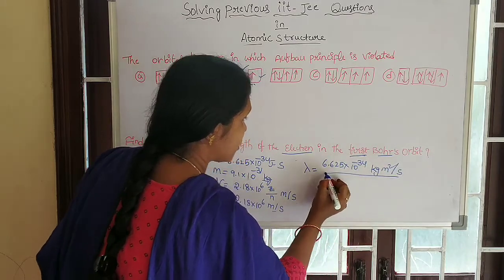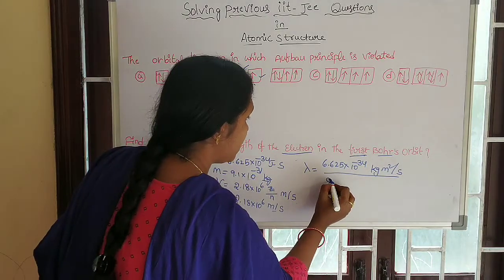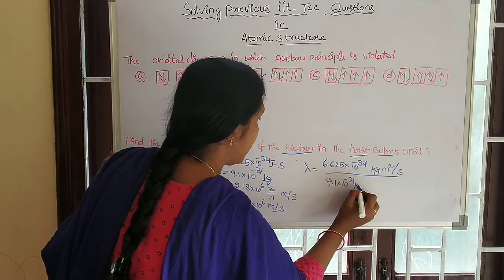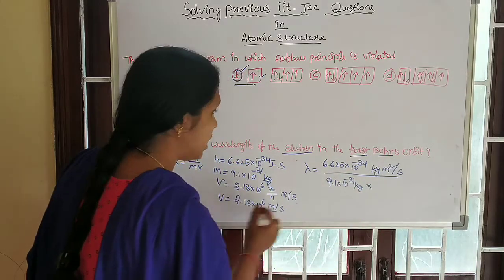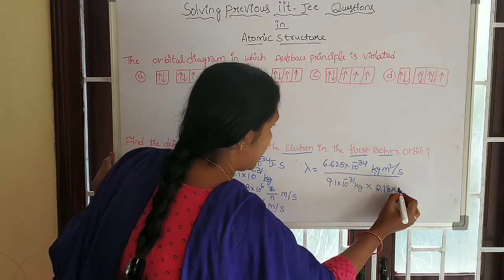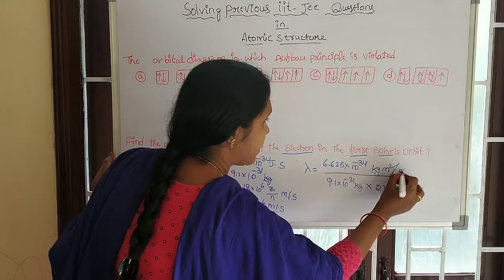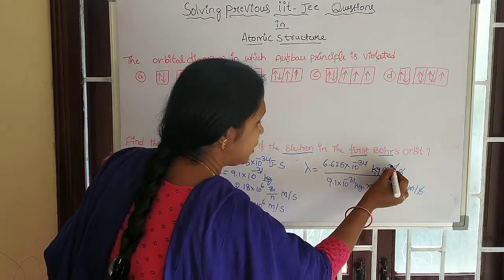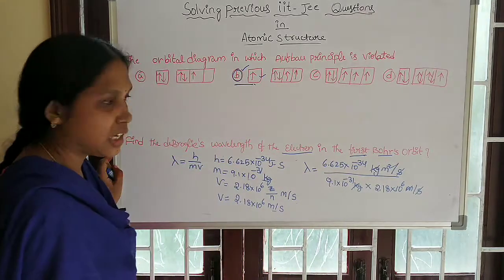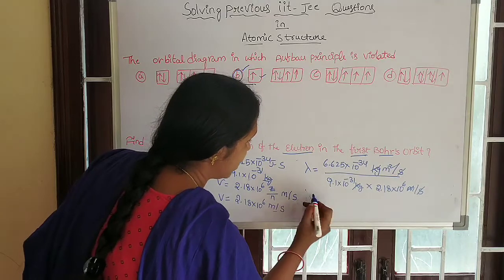And mass is 9.1 into 10 power minus 31 kg, into velocity 2.18 into 10 power 6 meter per second. Per second cancels, meter square will be cancelled, kg will be cancelled.